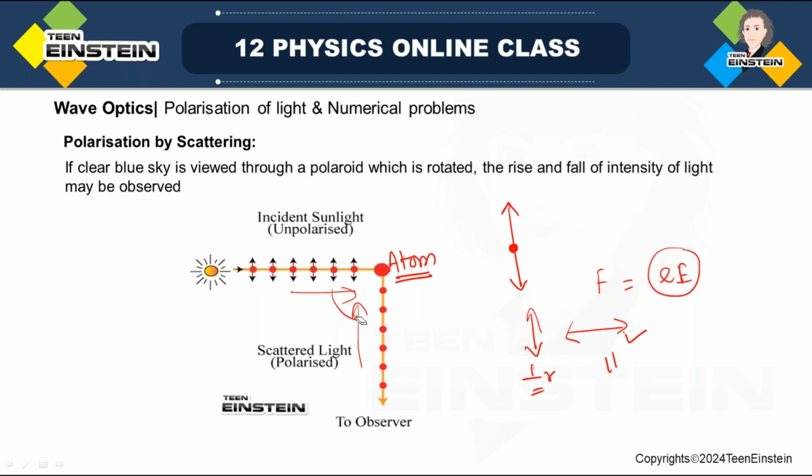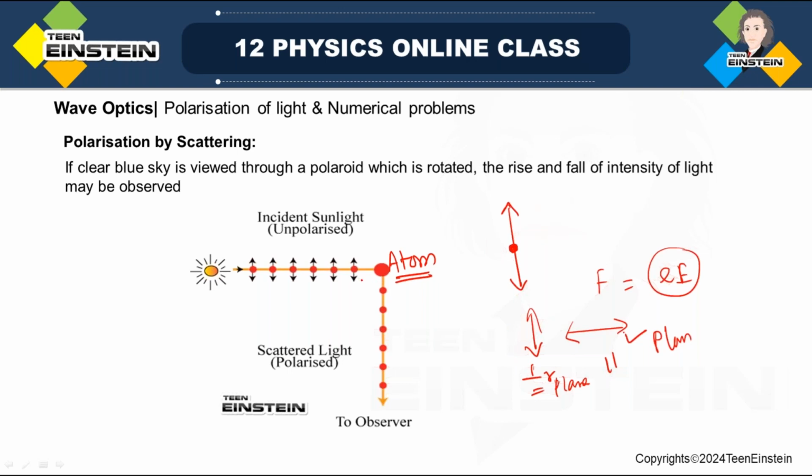Let us try to understand why this is completely polarized. I have two components of electric field vectors, two types which are oscillating, one perpendicular to the plane, another one oscillating in plane. So this is in plane and this is perpendicular to the plane.